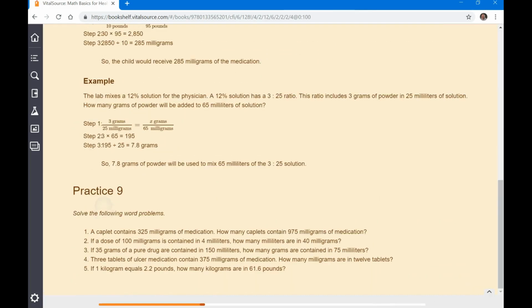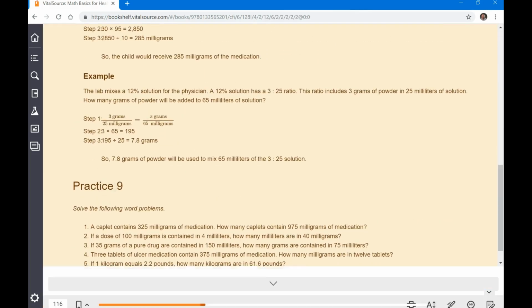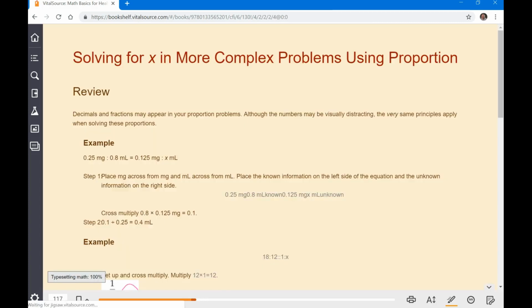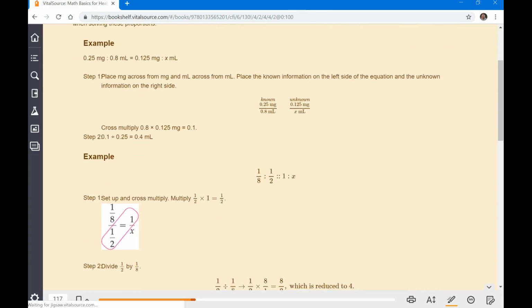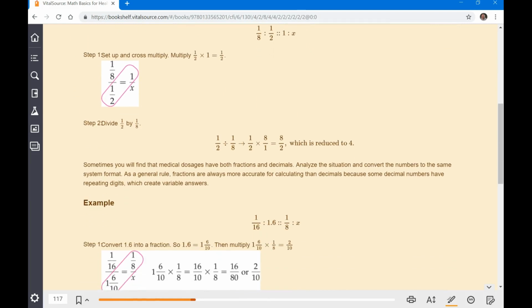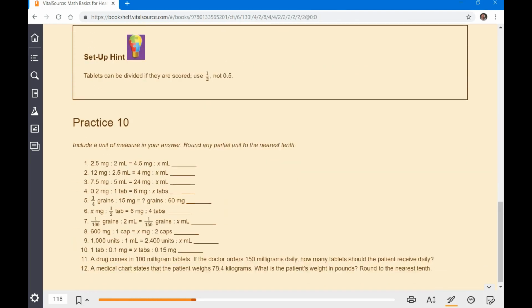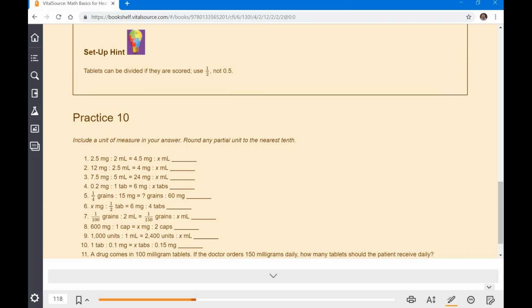Next thing, we'll have a look at this. Solving for x and more complex problems. I did a few of these before. Let's do some more because these are kind of confusing as well. Complex problems, it looks like this one here.